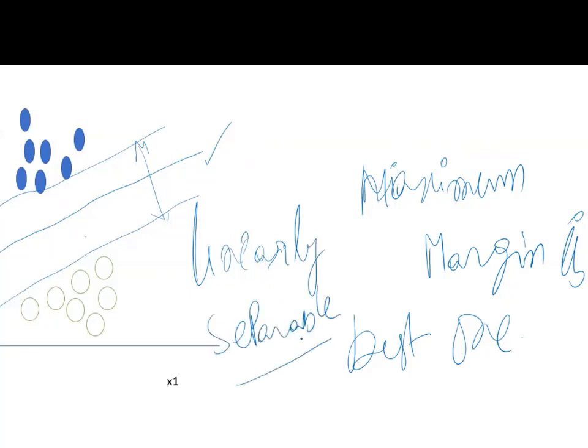Now, what do you mean by not separable? Let us see what that means. See here. If you take this as consideration, our independent variables are x1 on the x-axis and x2 on the y-axis. Now, if you see here, there is an empty cell and a filled cell. How do you separate these two? There is no possibility.